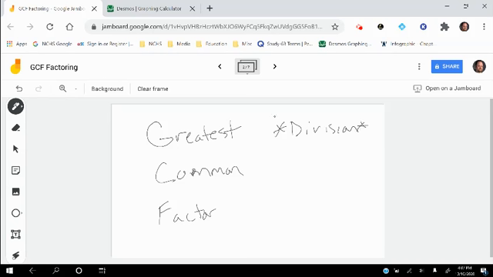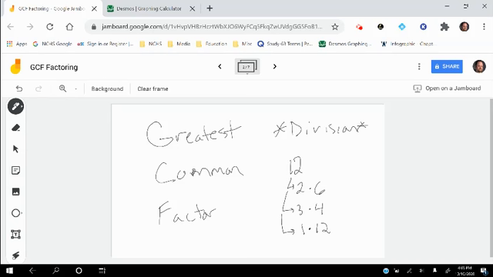For example, if we take the number 12, it can be broken down into 2 times 6, or it can be 3 times 4, or it could be 1 times 12. These are all factor pairs, two items that multiply to give you 12.